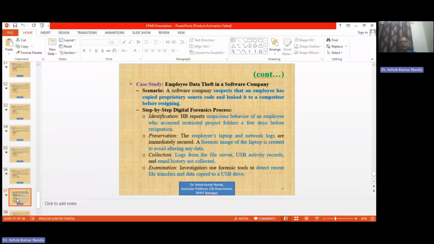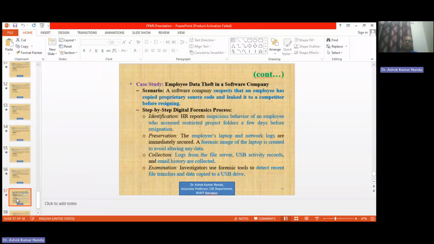for your understanding, I will consider one case study so that you will have complete knowledge. Take one example, employee data theft in a software company. In this scenario, a software company suspects that an employee has copied proprietary source code and leaked it to a competitor before resigning from the job.